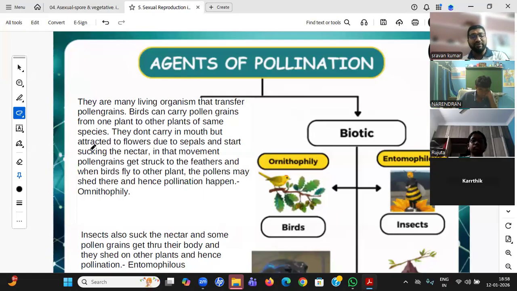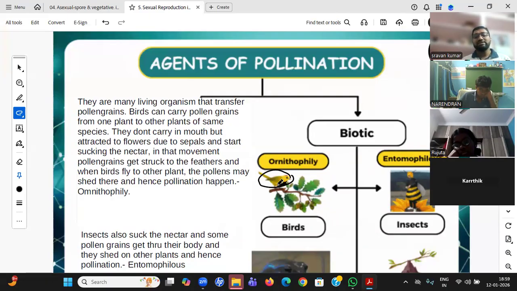First of all, these birds love the color. Flowers are colorful, petals are colorful, so they come near the petals and feel a good smell coming from the flower. They try to suck the nectar of that flower. While doing that, the feathers get attached to the flower part.